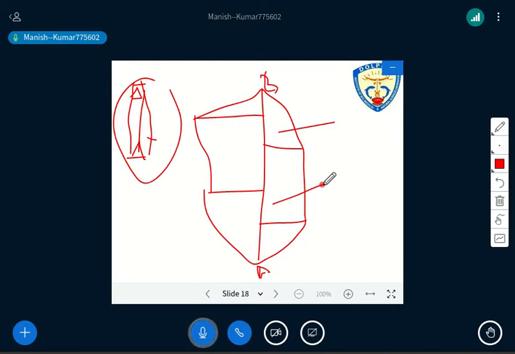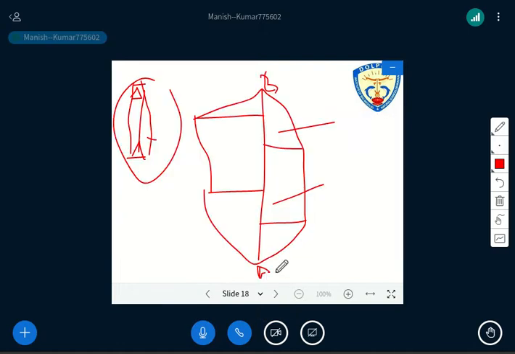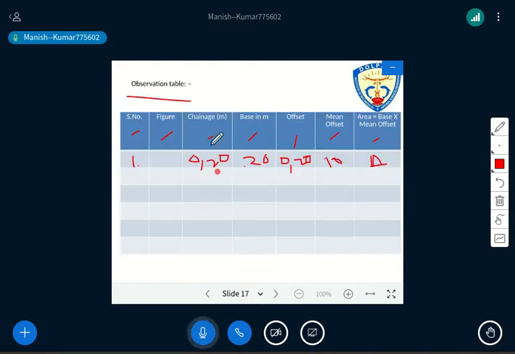Fine. So now you try to understand how to fill the table. All the data has to be written over there. We start from chain 0, maybe it is 20, so you write 20. So the chain is 0 to 20, and then the base, I told you, just subtract and you will get the base, and then the offset.